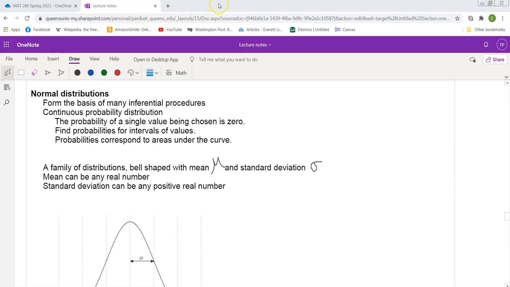And that's what we have going on here. So the probability that x equals some particular number is 0.